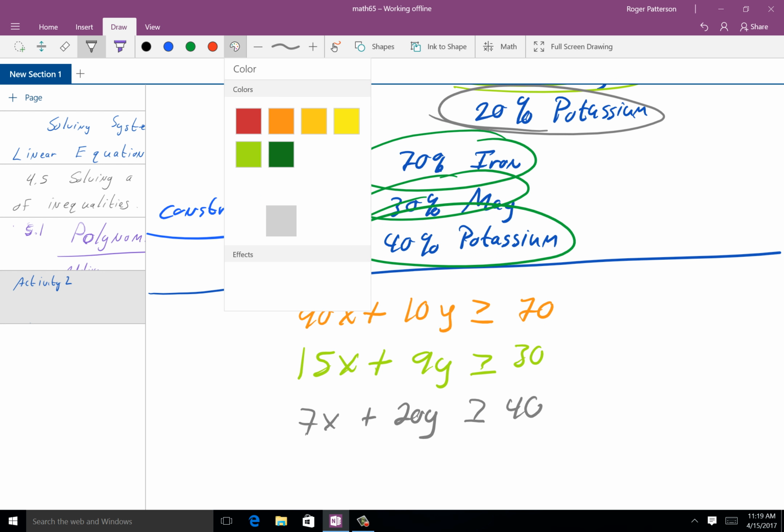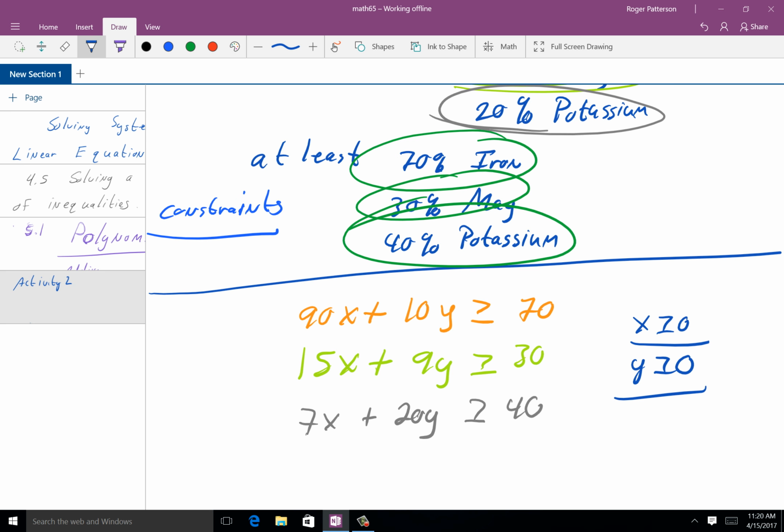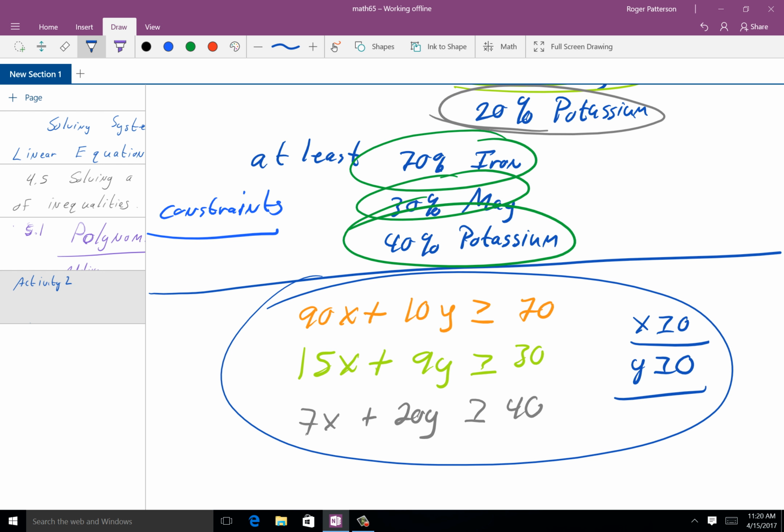So I put these down also because I can't have negatives. This is greater than or equal to zero, and this is greater than or equal to zero, because you can't have negative amounts of food. So this is all my constraints.